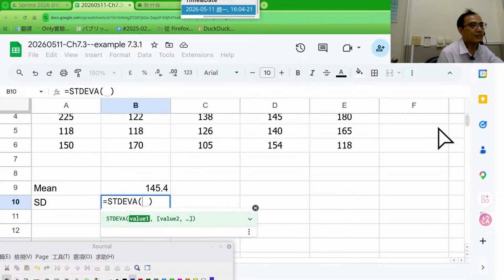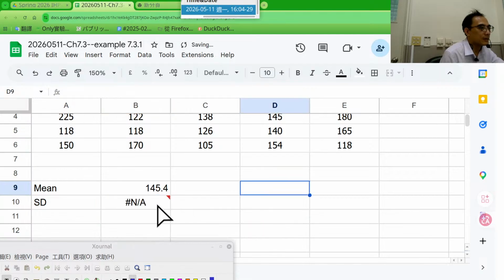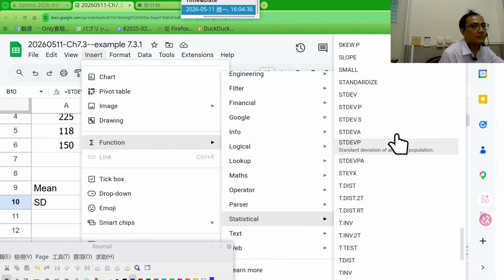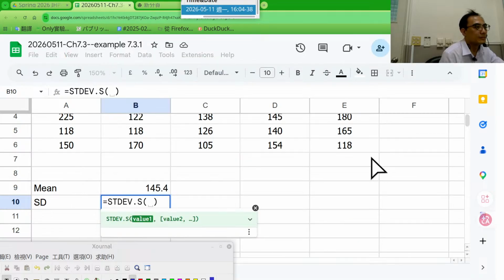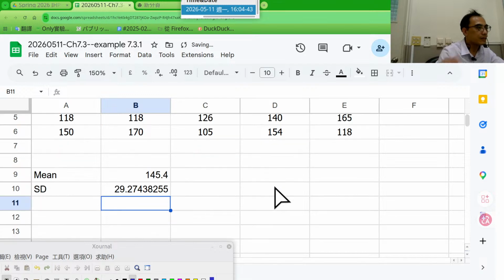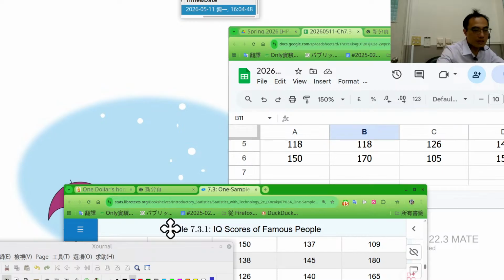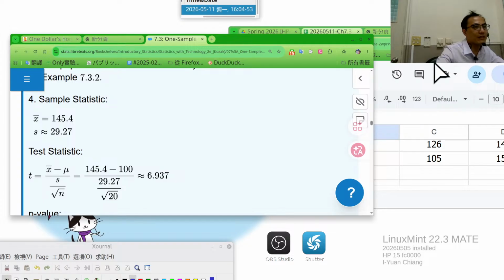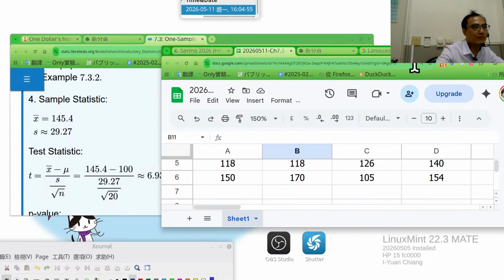And select range and get the answer, 29.27. Let's check the answer. 29.27. Okay, the same as the textbook.